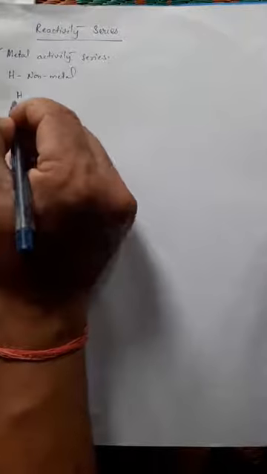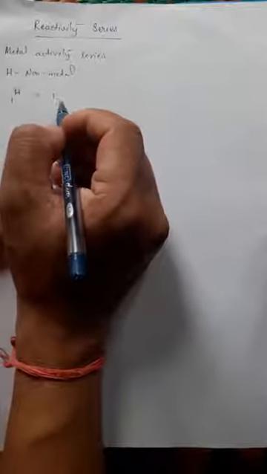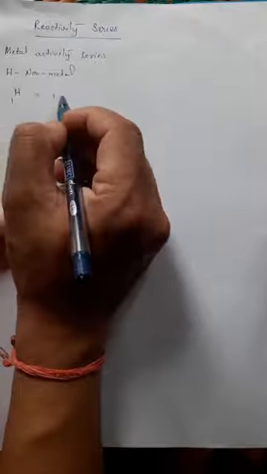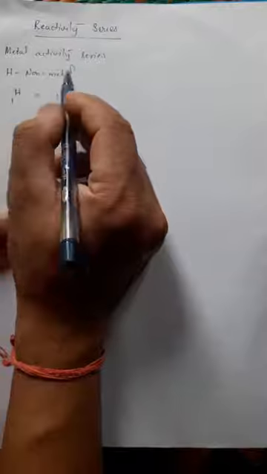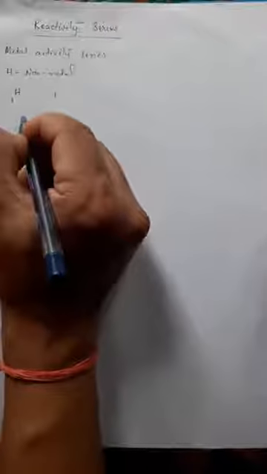The reason is hydrogen's electronic configuration is 1. That means it has just one electron. To become stable, it will share the electron in covalent bonding. As well as like other metals, it has a high tendency to lose this electron and convert itself into a proton.